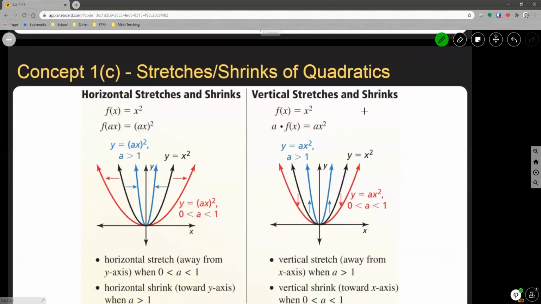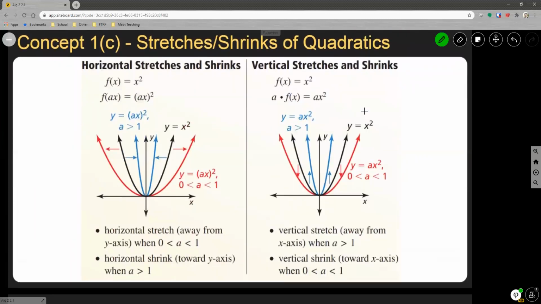Last concept for part one are stretches and shrinks of quadratics. This is kind of the toughest one, but just be aware that it works the exact same way. If I'm stretching horizontally, that means I'm affecting the input directly.